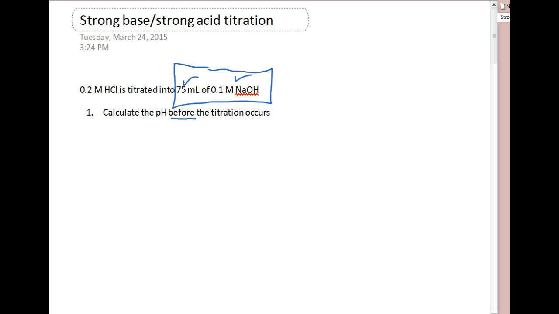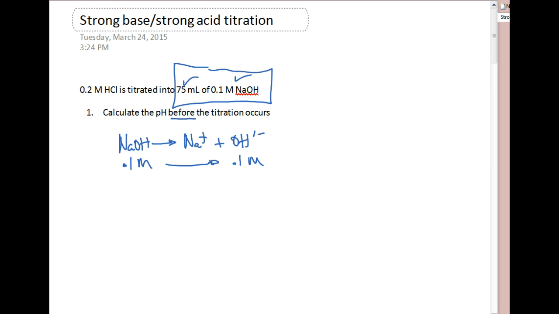So let's do that. Remember, sodium hydroxide is going to ionize when we put it in water into the sodium ion plus the hydroxide ion. Because sodium hydroxide is one of our strong bases, a 0.1 molar sodium hydroxide solution means we have a 0.1 molar hydroxide ion concentration.